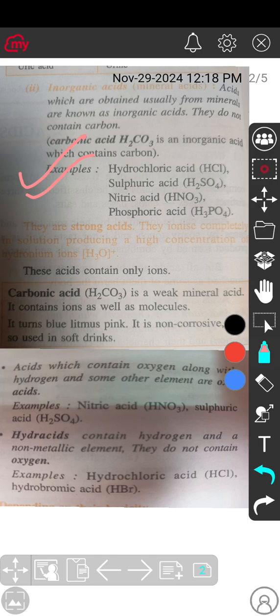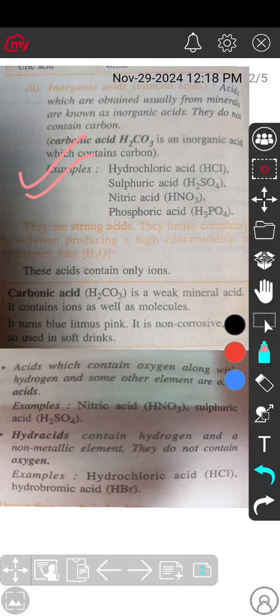They ionize completely in aqueous solution, and they produce a large concentration of hydronium ions. We are going to study more details about hydronium ions later. These acids contain only ions.